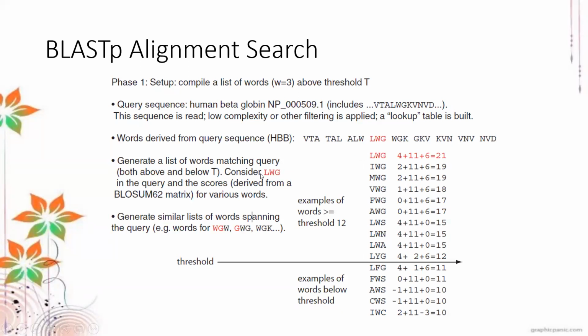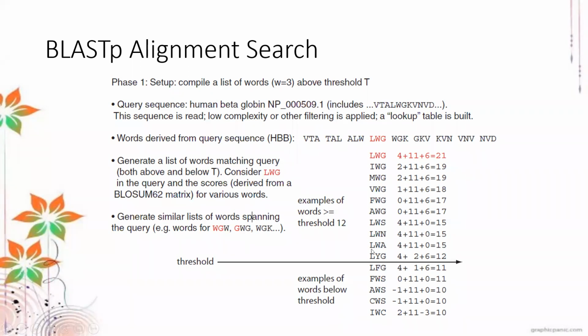And then you generate a list of words matching the query. So you have your words that match your query: LWG, IWG, MWG. As you can see here, there are many mutations or words from the fragments that you have, and then you have alignment scores.